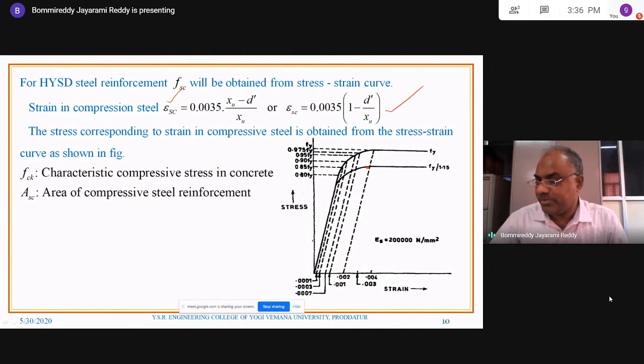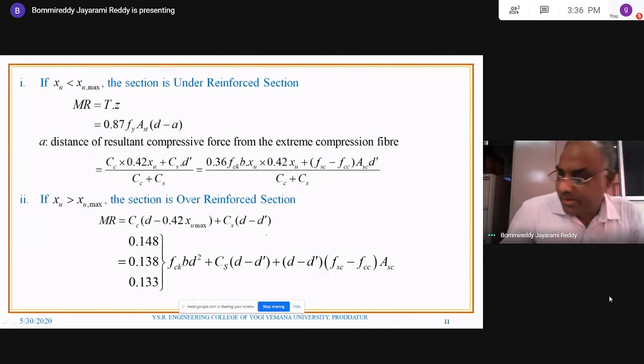So this is the formula to be used for computing the strain. Once the strain is known, you can find out the stress in the steel corresponding to that strain based on the curves given in IS 456.